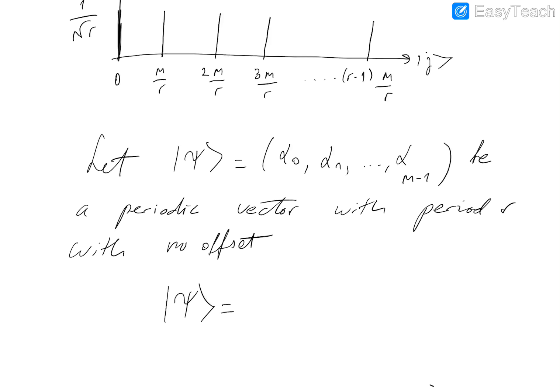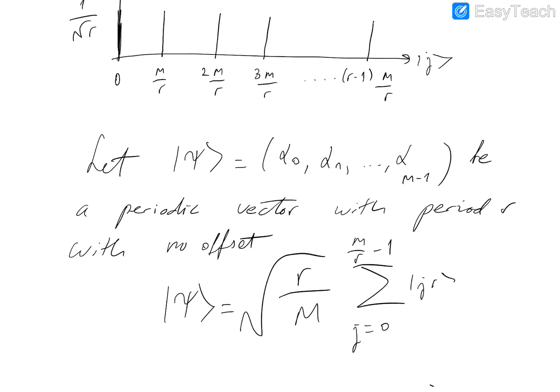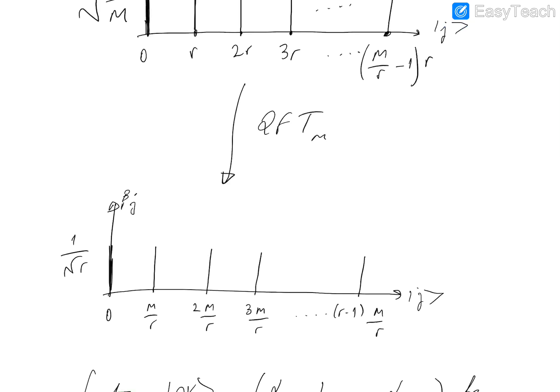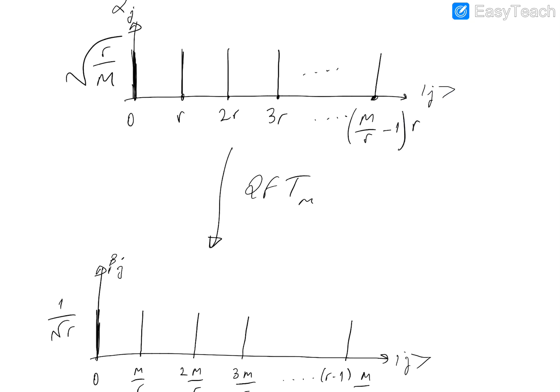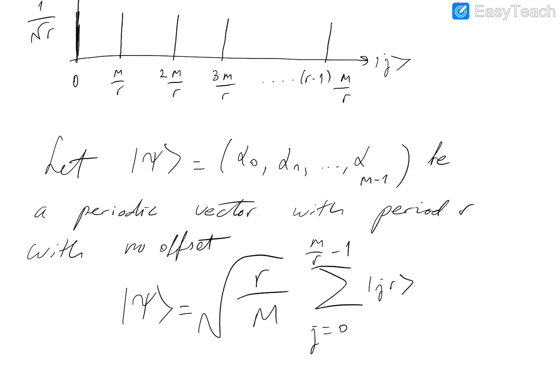So explicitly, psi will be equal to square root of r over m times the sum from j equal to 0 to m over r minus 1 of |jr⟩. So we have a superposition state with period r, and the non-zero entries are multiples of r.